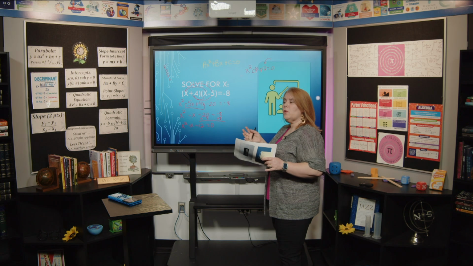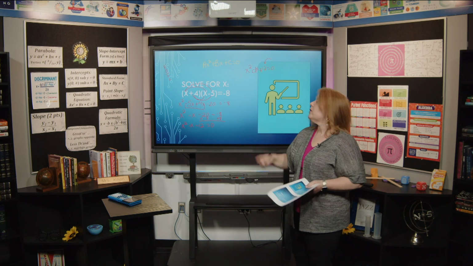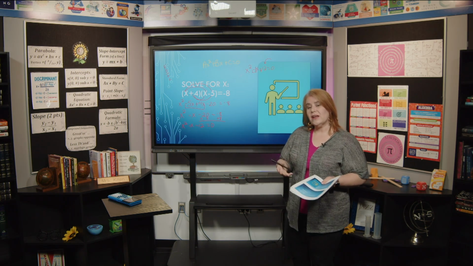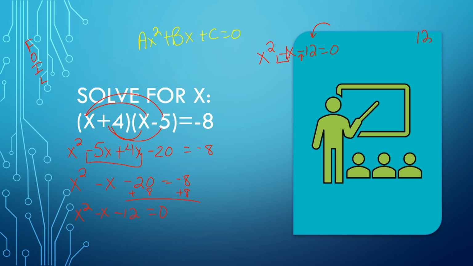Now, we've got multiple ways we can do this. Plug it in our calculator with that y equals feature, or just remember what my factors are. So let's see what I've got for my factors. So my factors are 1 and 12, 2 and 6, 3 and 4. Now, which pair can I manipulate to get me a negative 1 if I'm subtracting? Exactly right. I can use these two.